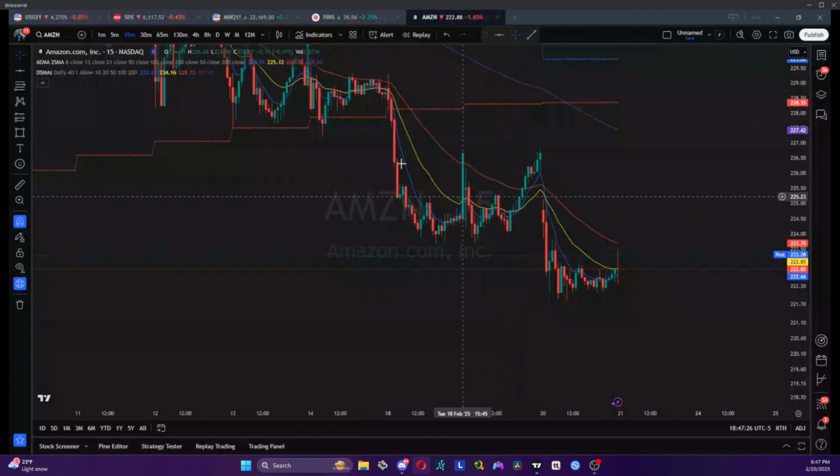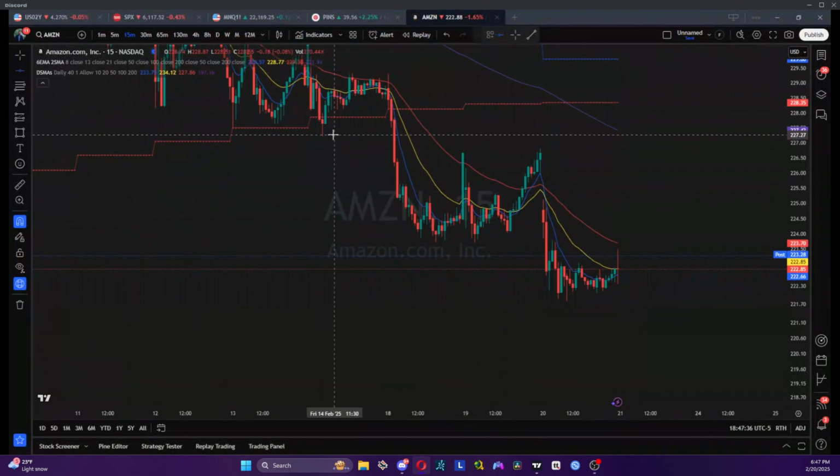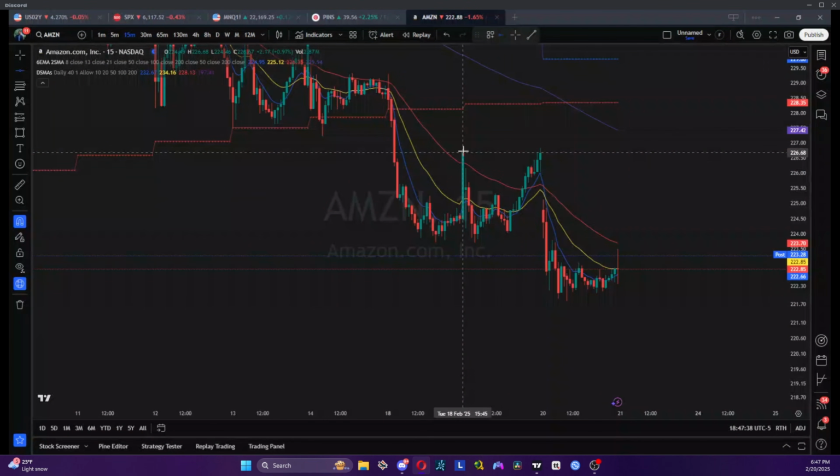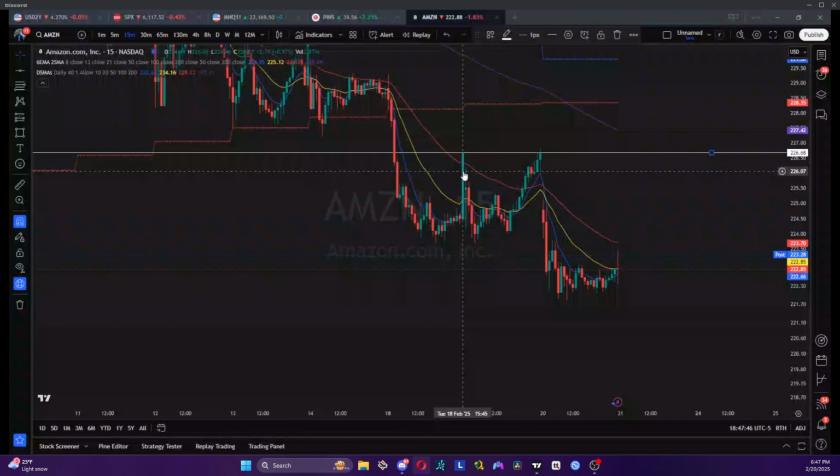A perfect example, if you would have been in a short, you would have been in risk-free runners, you would have had your stops in profit. A lot of people would have gotten psyched out with this EMA crossover. But if you had a level up here, right? Because this was a freak candle. We never broke and closed above that on the next day, whenever it tried to do it.